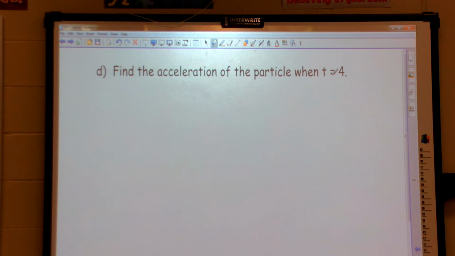And the acceleration of the particle when t equals 4. What is acceleration? Second derivative.